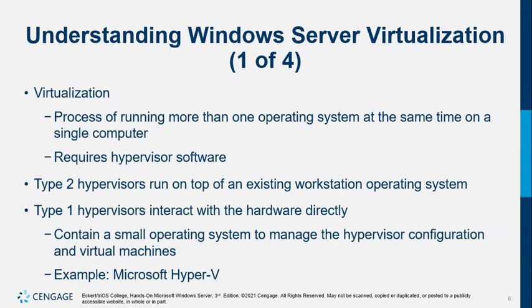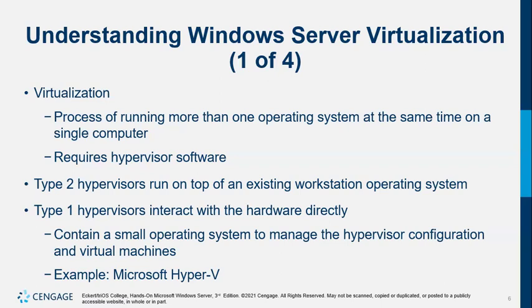The other type of virtualization or hypervisor interaction that we're looking at here is a type 1, where the hypervisor itself is running off of the hardware without a full-blown operating system like Windows, allowing you to install virtual machines and run those directly off of the hardware.